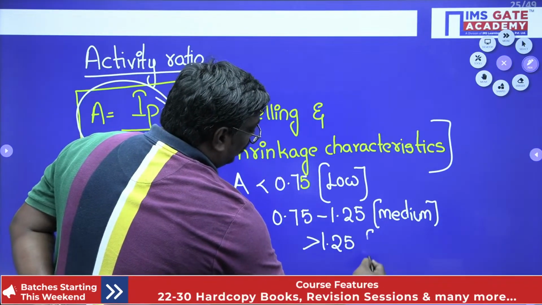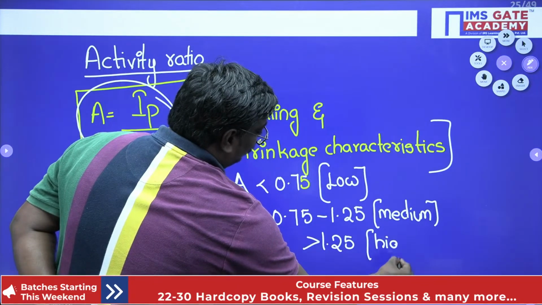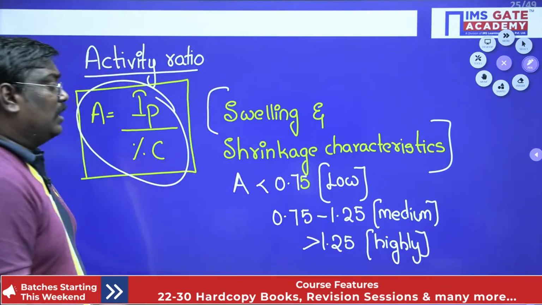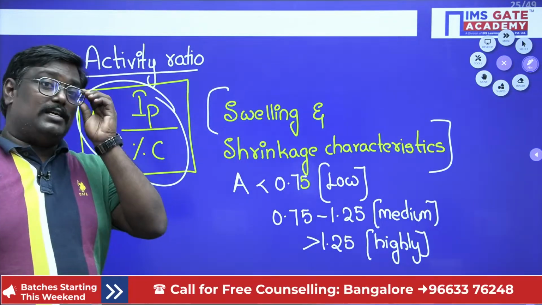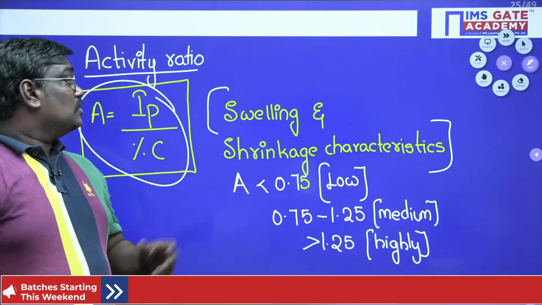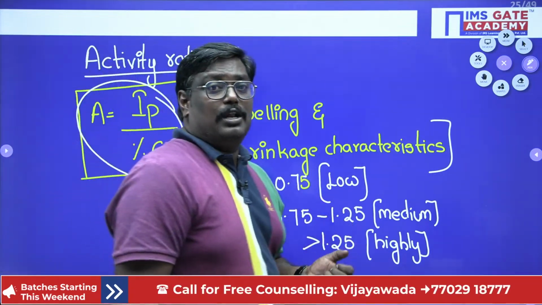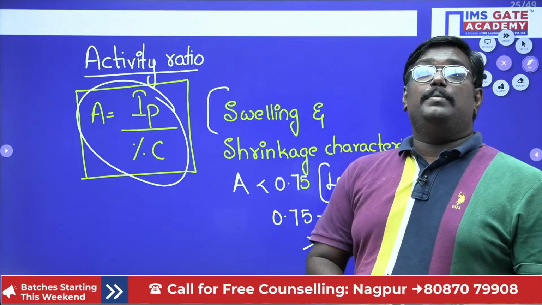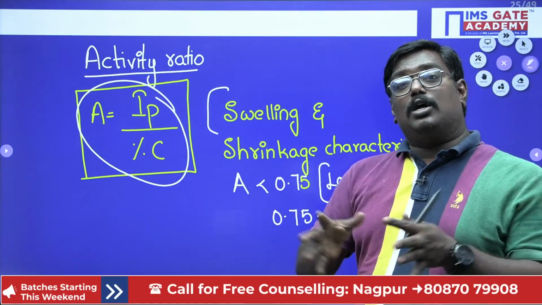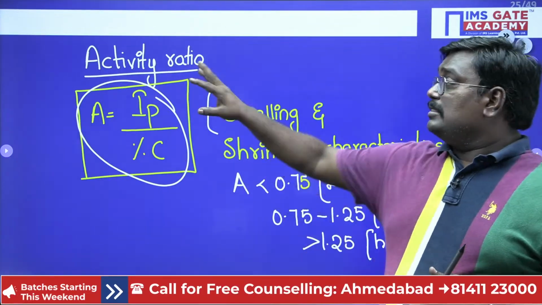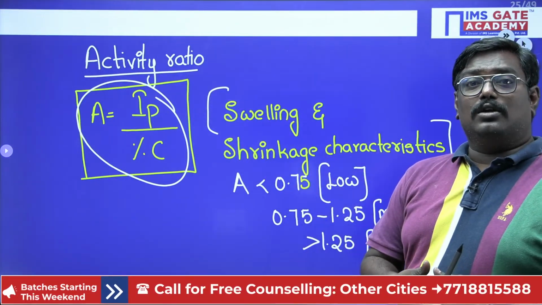So why do we study the activity ratio? It gives you the swelling and shrinkage characteristics of a soil. For soils of specific origin, the activity number will be constant. If we have different soils of specific origin, the activity ratio will be constant.